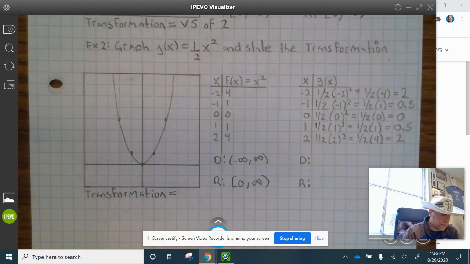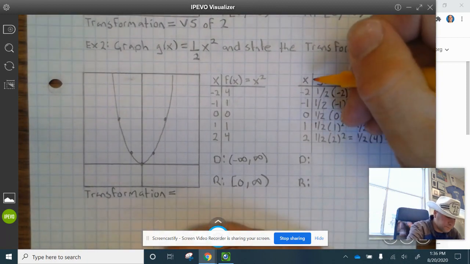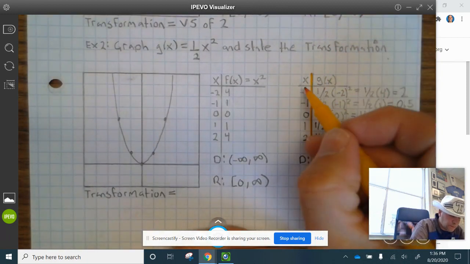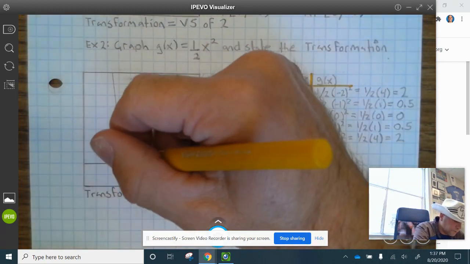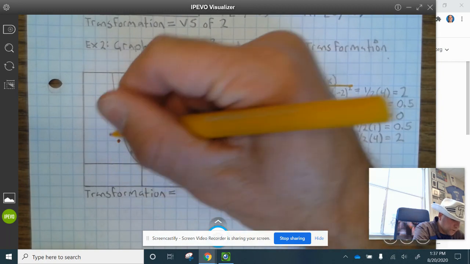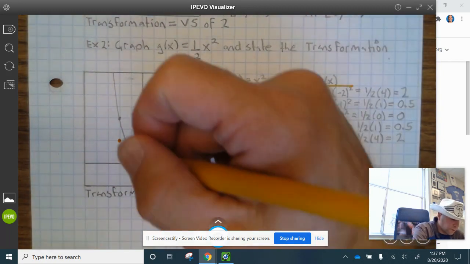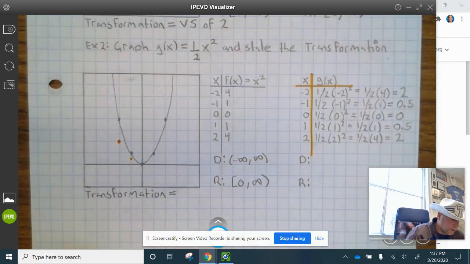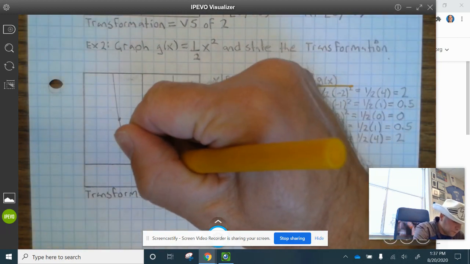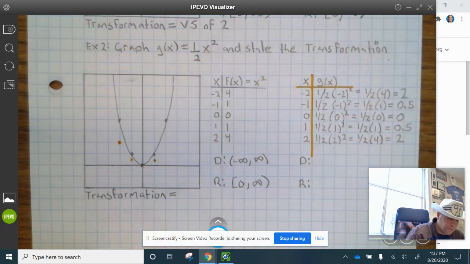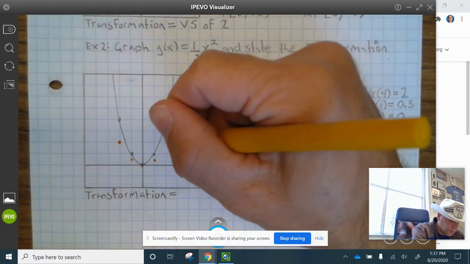Okay, so let's graph those points. Okay, so that's -2, 2. -1, 1/2 is right there between. Okay, and then 0, 0, 1/2, and then 2, 2.